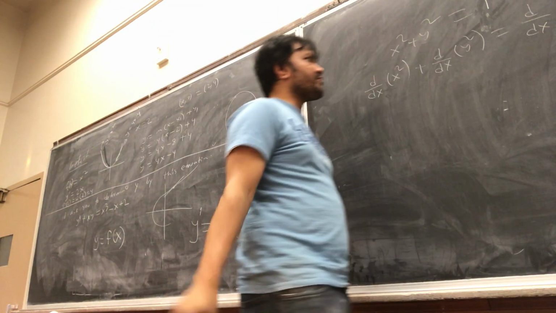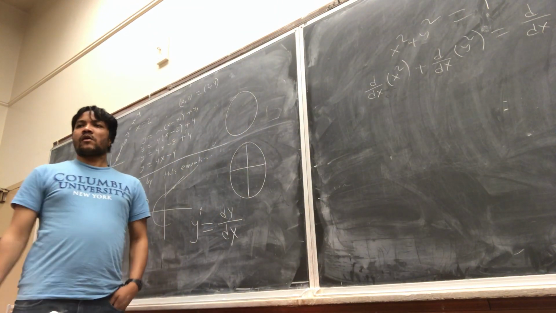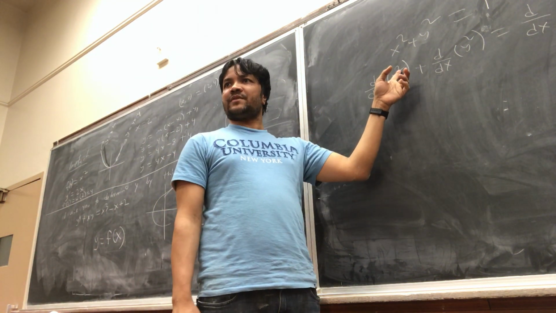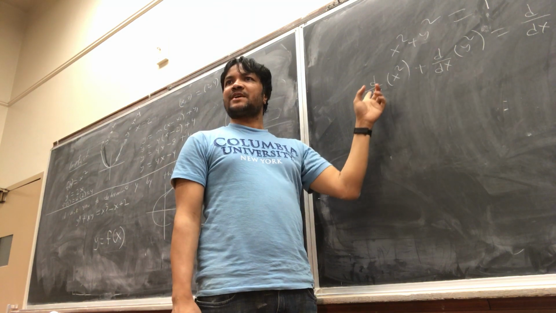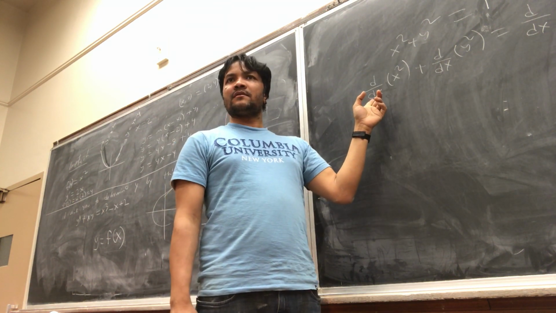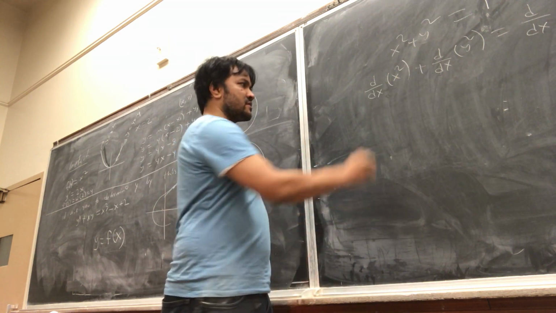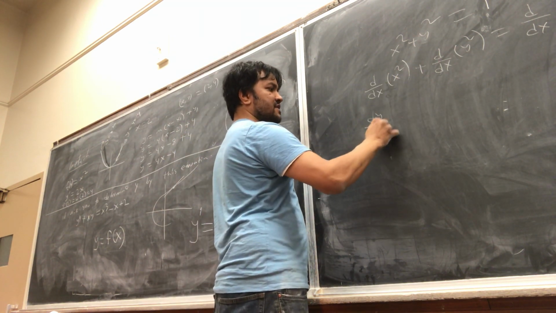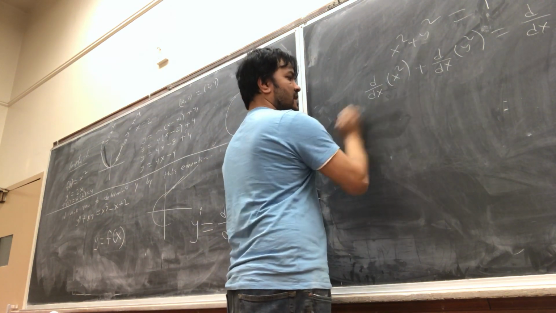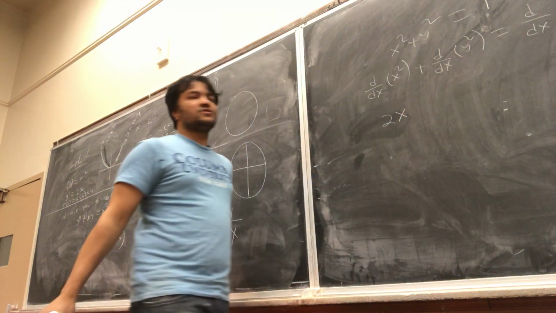What do we mean? We mean that we have to take the derivative of this with respect to x. So let's take the derivative with respect to x. So dy dx is what? 2x. Okay, 2x. Very nice.